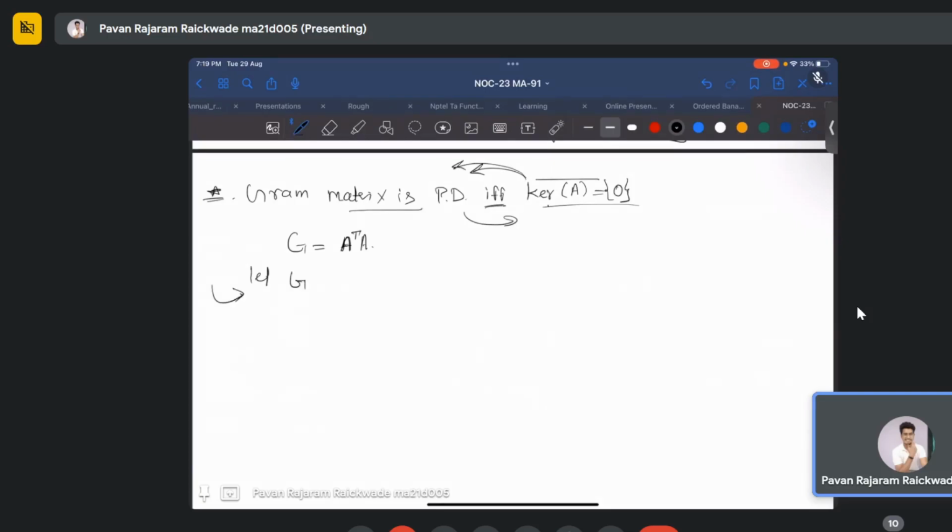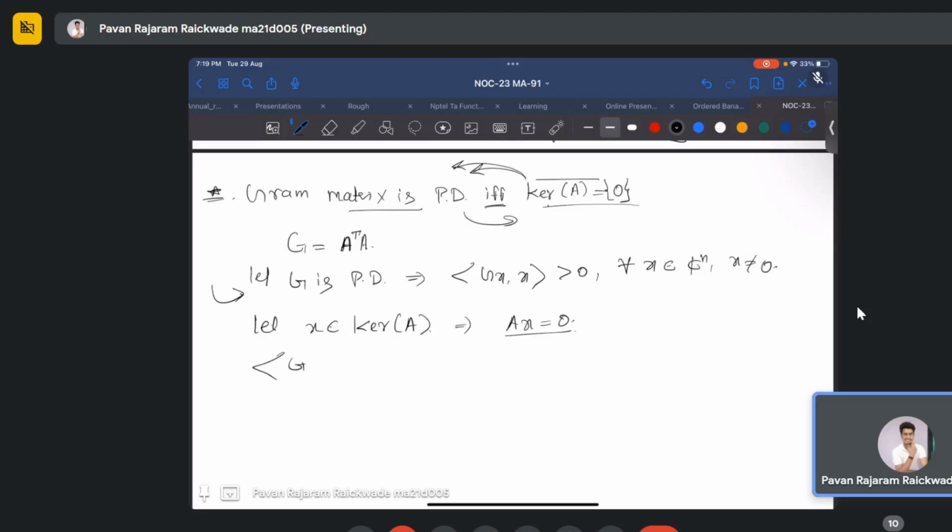Let G be positive definite. That means the inner product of Gx with x is positive for all nonzero x. Now let x belong to the kernel of A. I want to show that x is 0, then we are done. If x is in the kernel of A, that means Ax is 0. Now what is Gx with x?